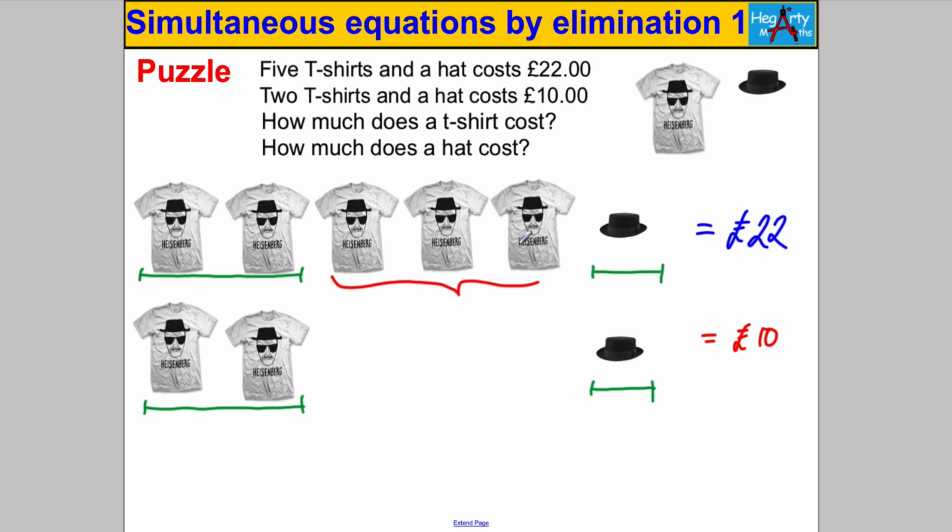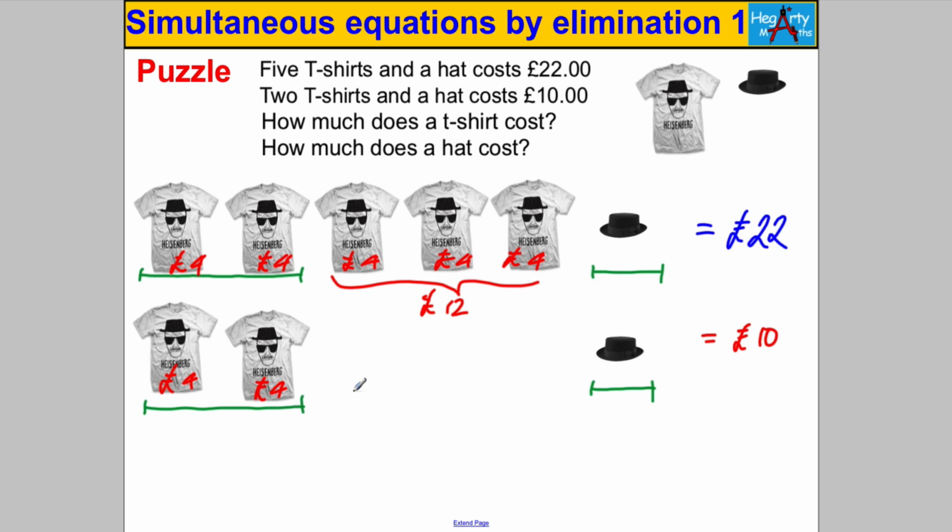And the 3 t-shirts must be what it takes to add to 10 to get to 22. They must be £12. So if 3 t-shirts are £12, each one must be £4. 12 divided by 3. So that t-shirt's £4, that one's £4, so is that one. So all of them are £4 because they're all identical. So we could put £4 in each of these.